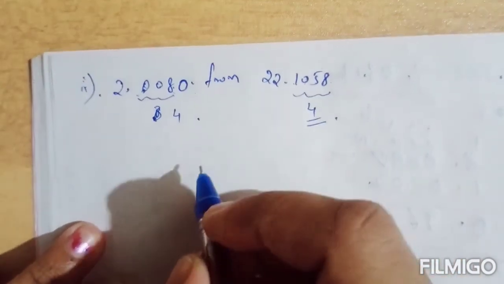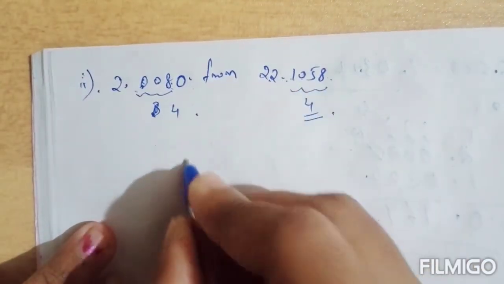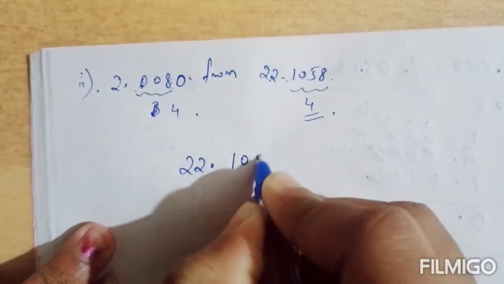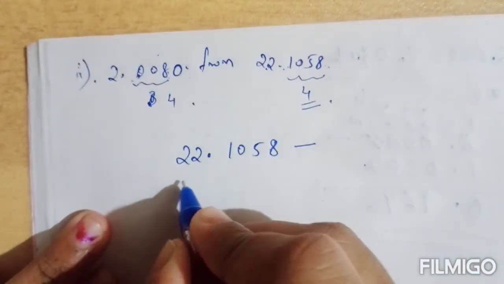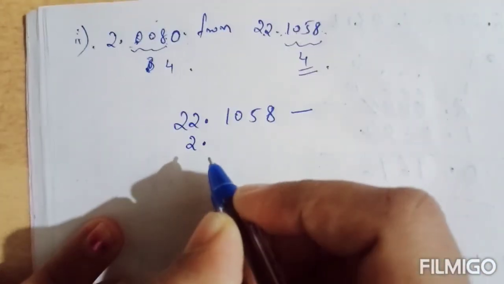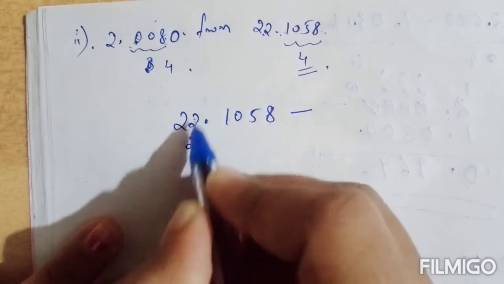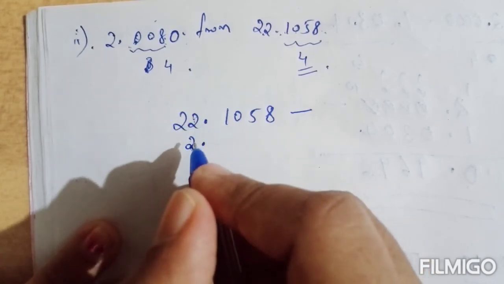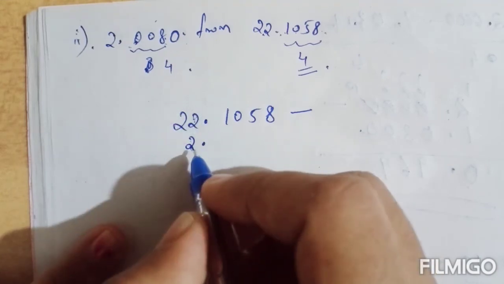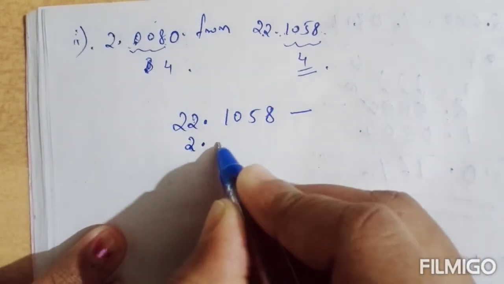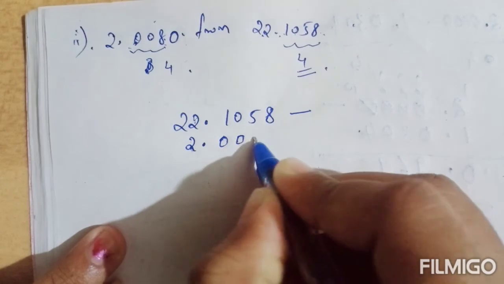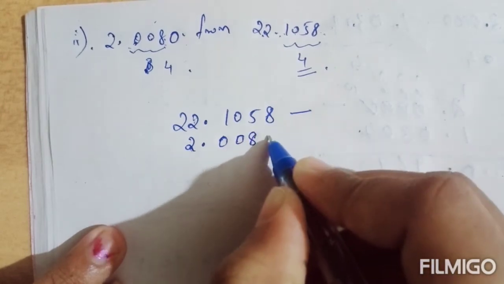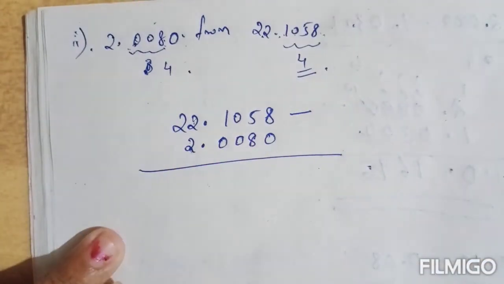Okay, on subtracting from 22.1058 you have to subtract 2 point. So 2 should come below this 2. The one's place digit should come in the same column. Okay, similarly the tens place, hundredth place, thousandth place, ten-thousandth place, all should come in the same column.